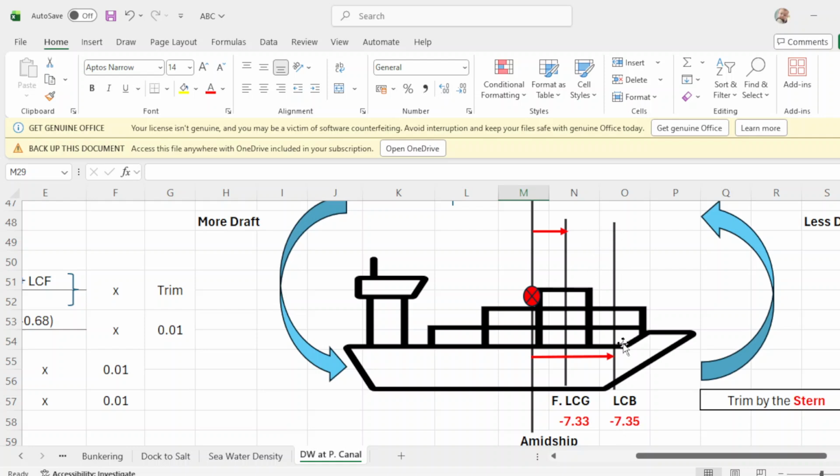That will be forward of your LCG, okay? But actually, they are almost even keel.